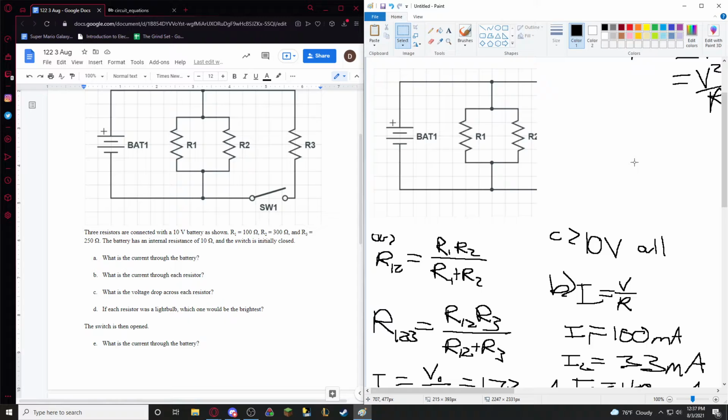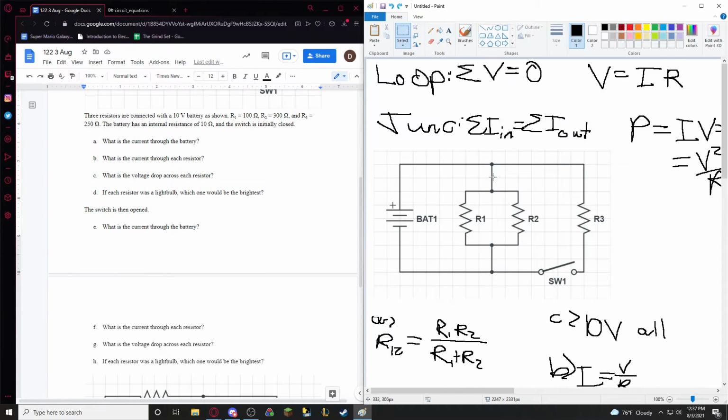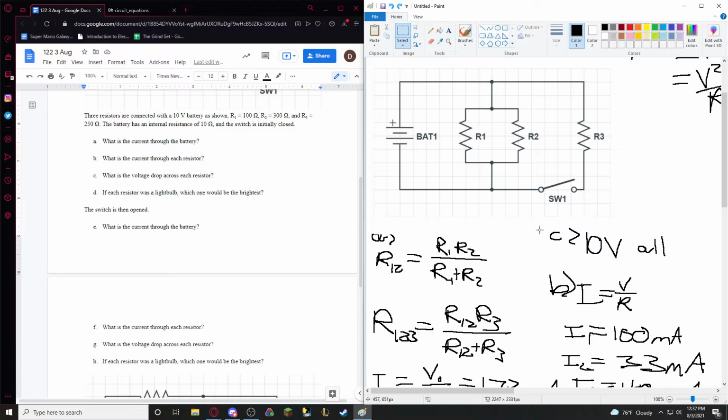I believe so. I don't think any current will go through R3. Exactly. So let's not calculate the values again because that's pretty simple. What is going to happen to the current through R1 and R2? Is it going to increase, decrease, or stay the same?